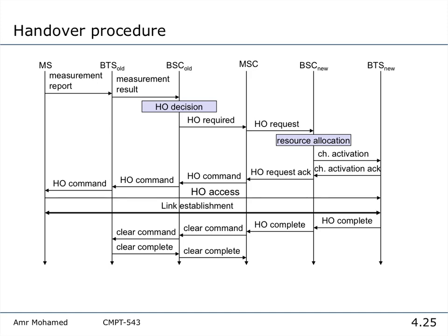Here we are trying to hand over not only from one base station to another, but from a base station that belongs to a base station controller to another base station that belongs to another BSC. So this is what we call an inter-BSC handover. Of course, as we can see, the procedure is a little bit lengthy. It starts with some measurement reports.